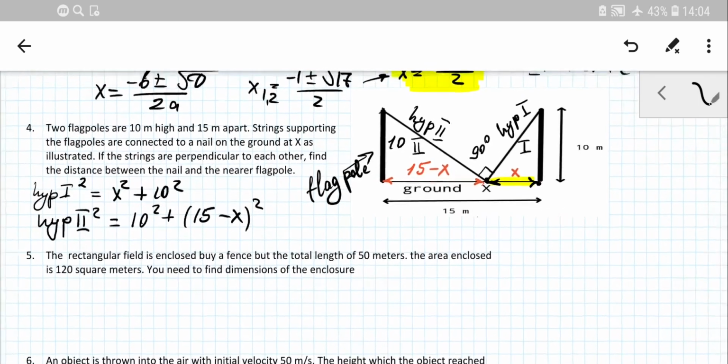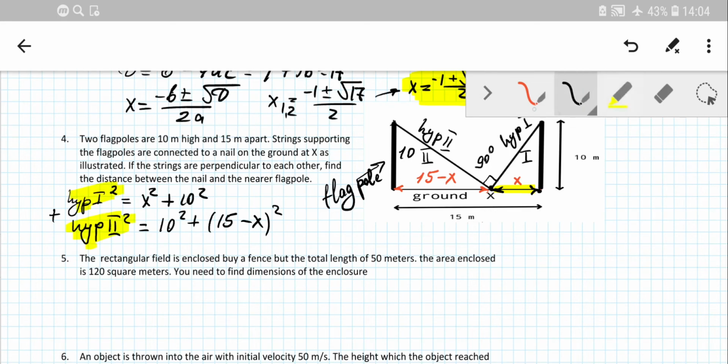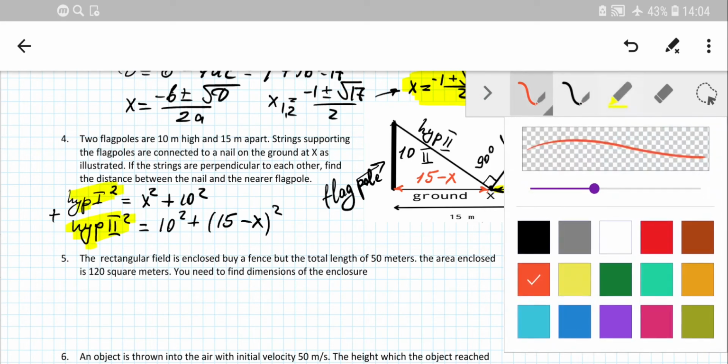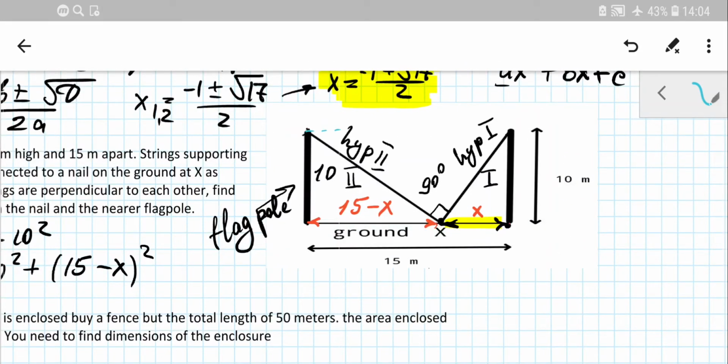If you add the left-hand sides of the equations, you'll get the hypotenuse for the big triangle, because it's a right angle.